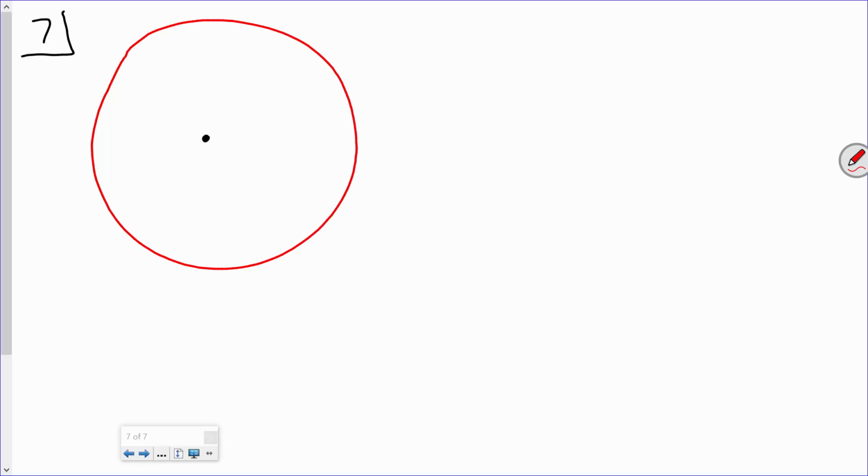I'll do my best to draw this out. So here's the center. There's the flight path, right? Here's the plane. That's about the best you're going to get from me.